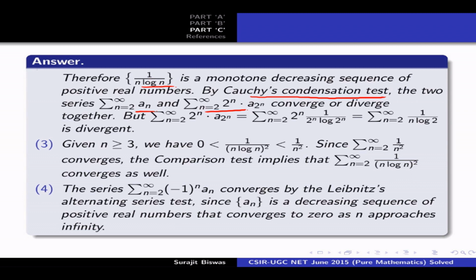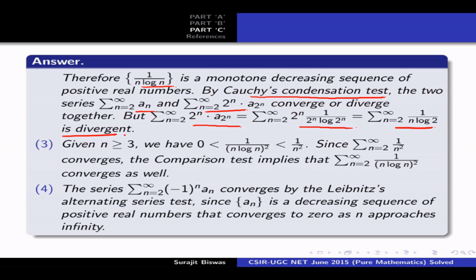But what is the value? Summation n equal to 2 to infinity 2 to the power n times a_(2^n) is n equal to 2 to infinity 2 to the power n divided by 2 to the power n times log 2 to the power n, which is n equal to 2 to infinity 1 by n log 2, and this is divergent.